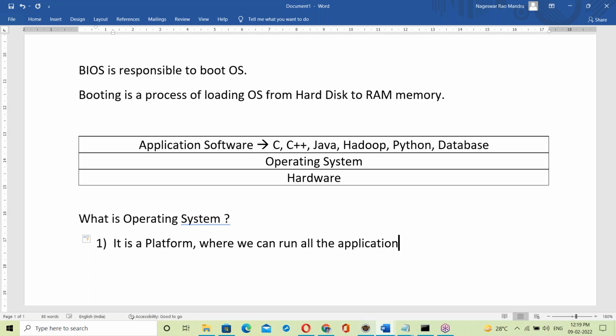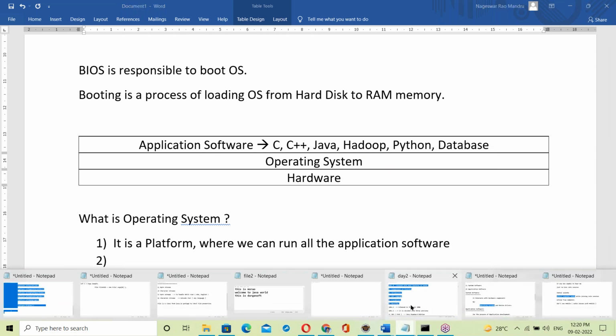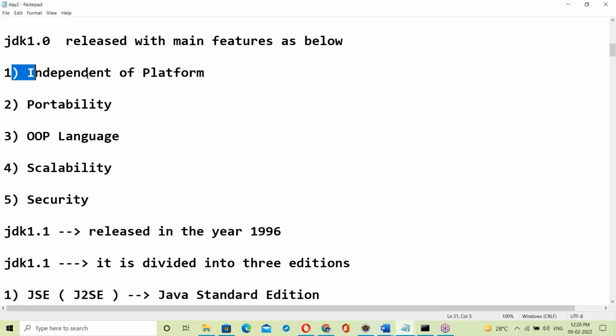So the OS acts like a platform. On top of it, all are running. See, in Java, a Java feature is independent of platform.